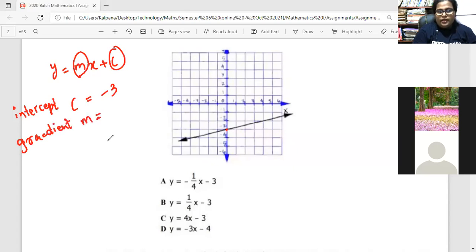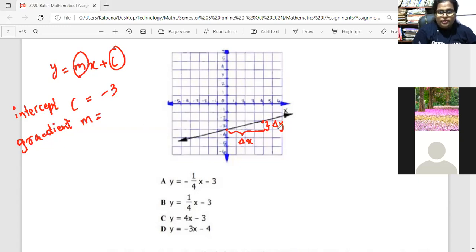The gradient is m. Consider 2 points where the graph cuts at grid points, which makes it easy. The slope means the y difference over the x difference. Here I use delta y for the difference of the y coordinates of these 2 points, and delta x for the difference between the x coordinates of these 2 points.